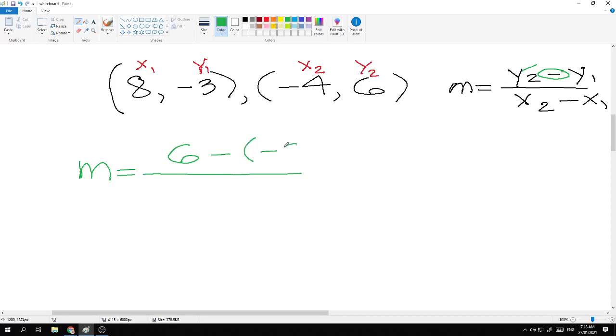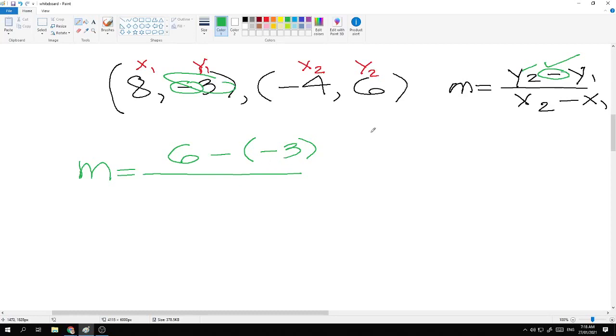Minus negative 3. Take note, you need to have 2 negative signs there. The first negative sign is the operation in our formula. The second negative sign is the sign of your y coordinate. So take note of that. It is possible to have two negative signs.